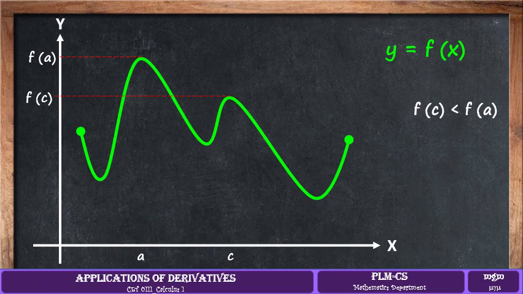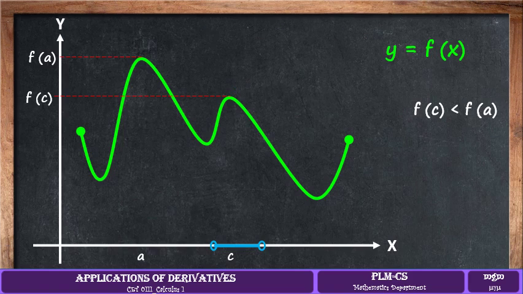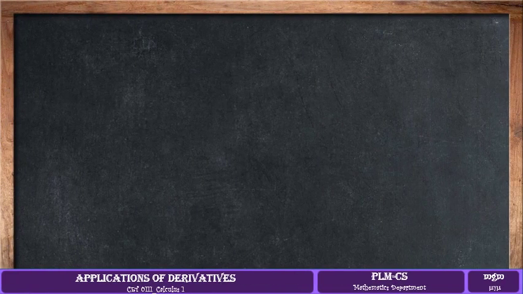Instead, the idea is you can construct an open interval around c, and on that interval, f of c is the highest possible value of the function. And that is what we mean by a relative maximum value. And this inspires the following definitions.